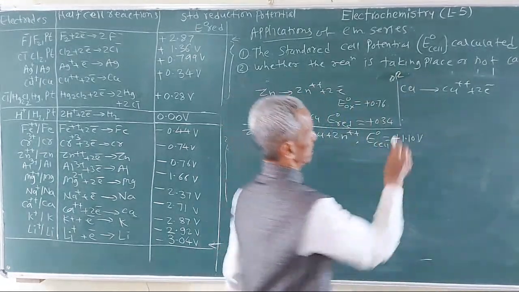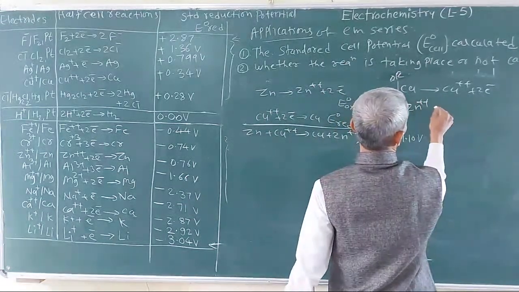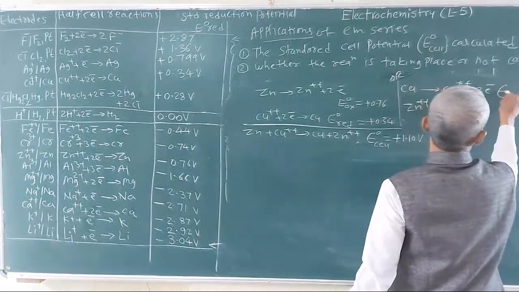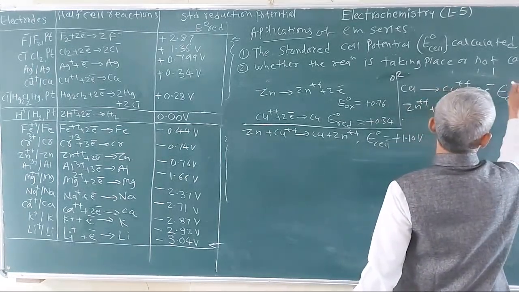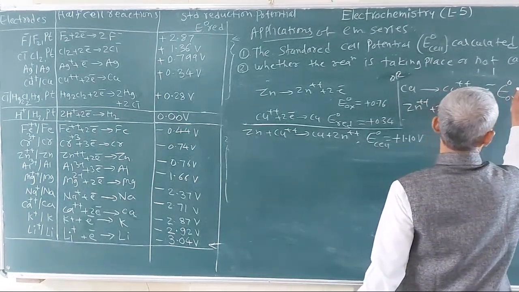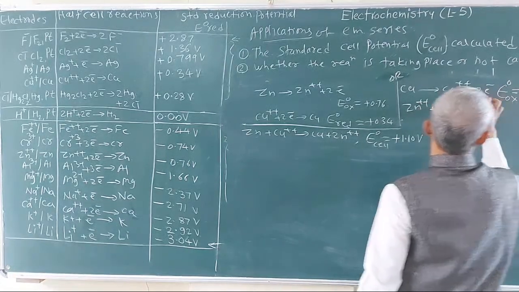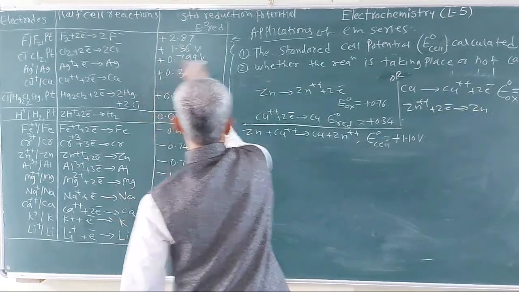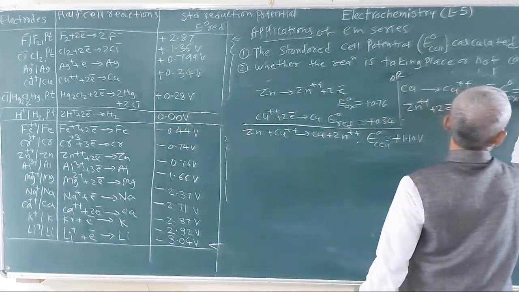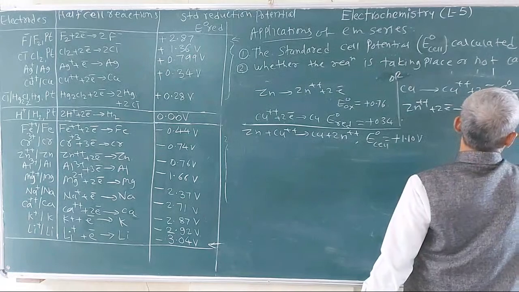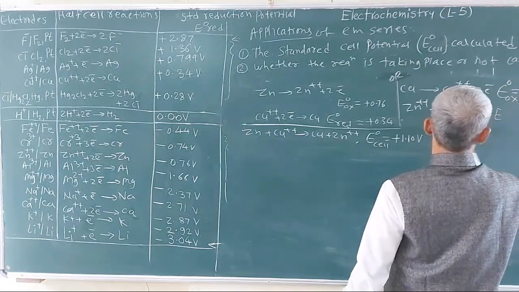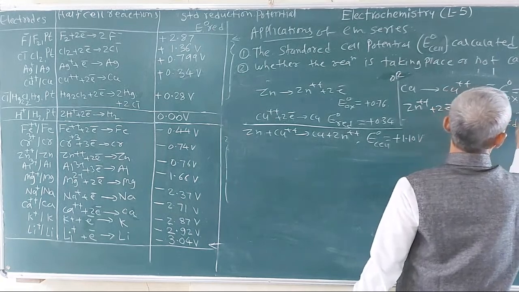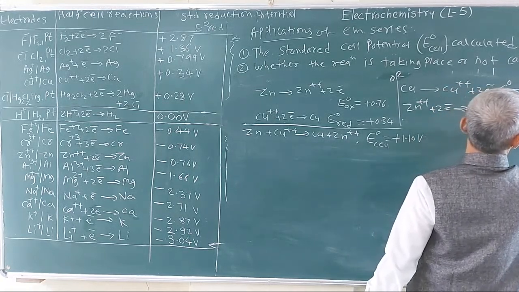Consider two cases. Here there are Zn ions plus 2 electrons giving Zn solid. So here this is the reduction process, and E0 of the copper oxidation is, since you know the reduction process has the plus sign, for the oxidation it will be minus 0.34 volts. And for the zinc reduction process it will be minus 0.76 volts.